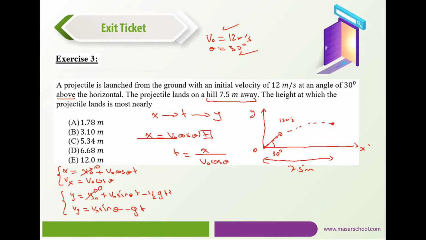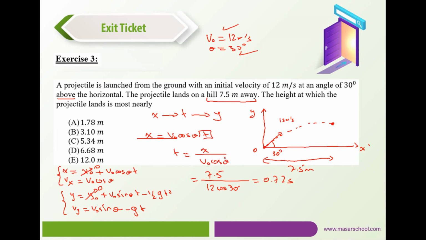Now what would this instant of time represent? This is the instant of time at the impact point. Now the value of x is 7.5. The initial speed is 12 cosine 30. Plugging this into the calculator, that would give us 0.72 seconds. That would be the time required for the projectile to impact the hill 7.5 meters away.